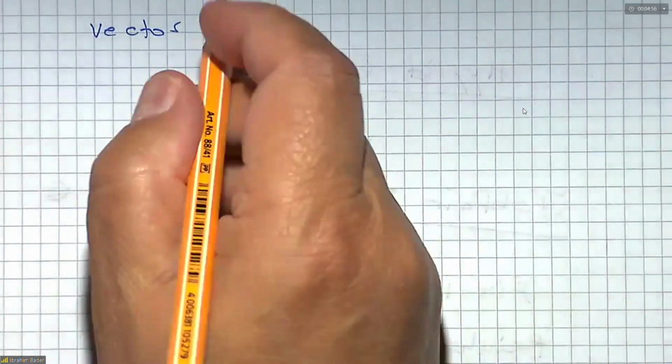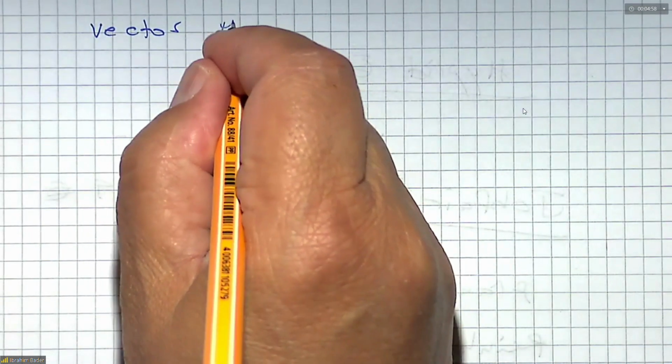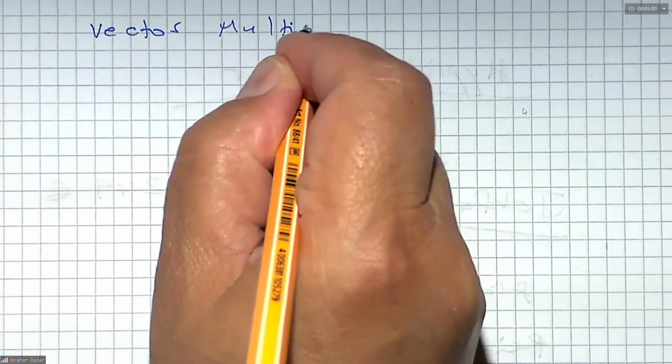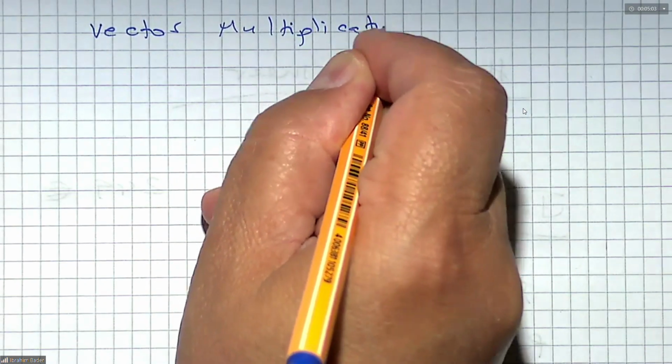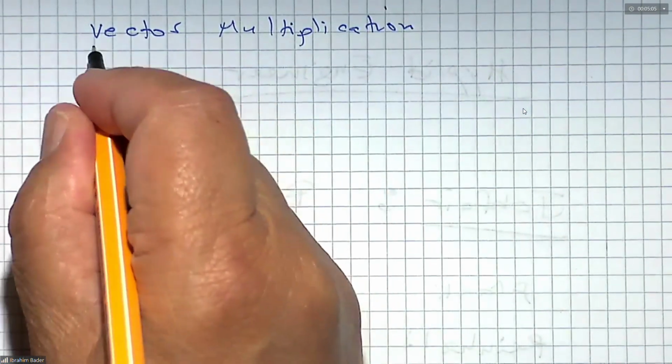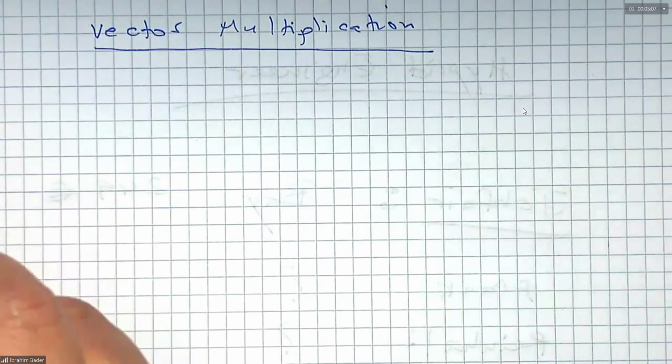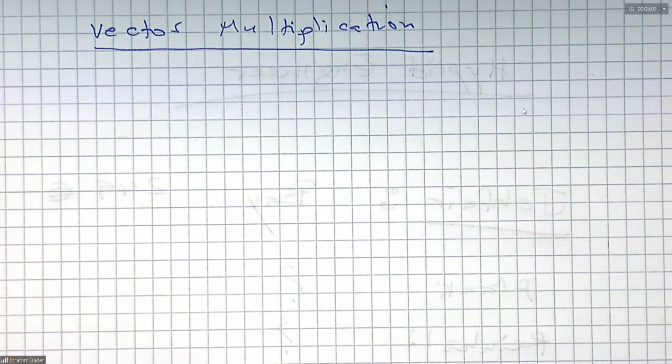Before I start with vector operations, I will not explicitly mention that always, but whenever we define any operation, it doesn't make sense if the vectors are from different dimensions.